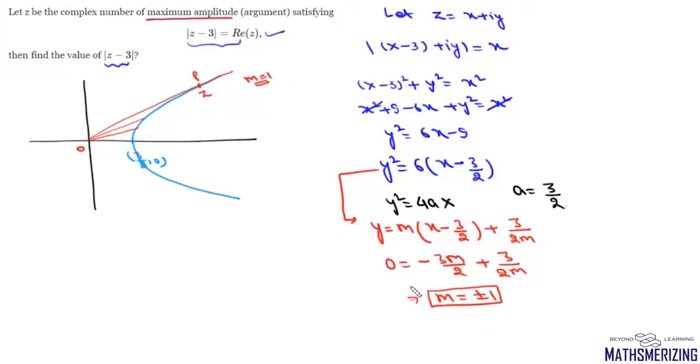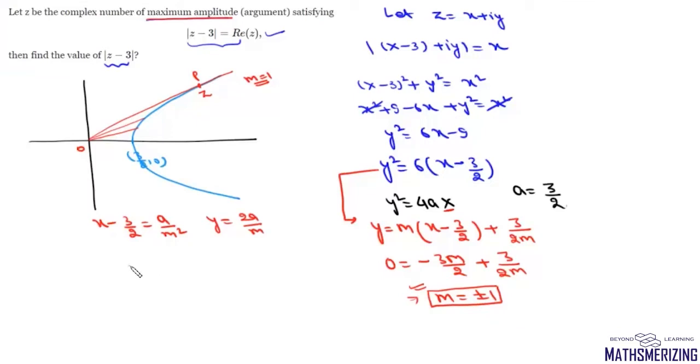Now once we have this slope, we can write this point of contact. So this point of contact will be x minus 3 by 2 equal to a by m square, and then y equals 2a by m. Now we'll put the value of a and m. Now a is 3 by 2 and m is 1.